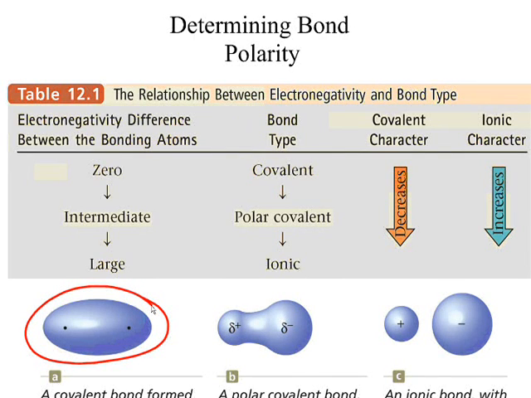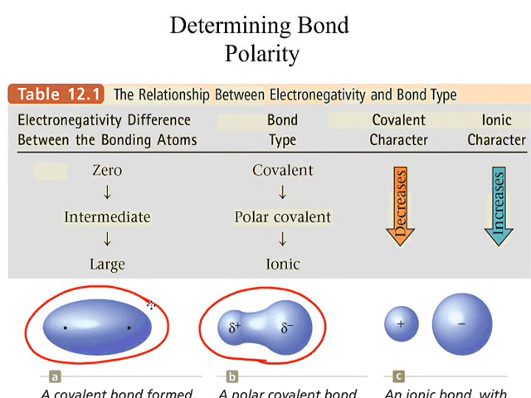If there's a slight difference in electronegativity, anywhere from a 0.5 to a 1.7, 1.8, then you would have a situation like this where the bond would be polar covalent, and so there would be more electron density around the element with the higher electronegativity, and a positive part around the element with the lower electronegativity.